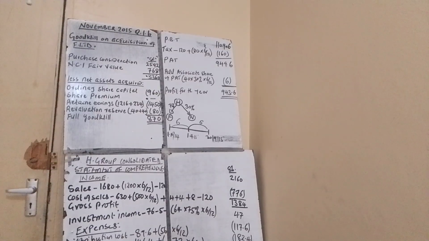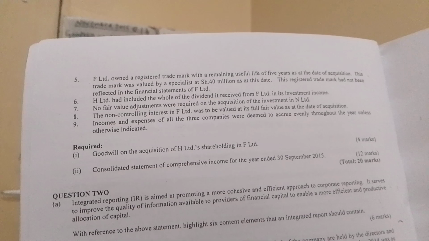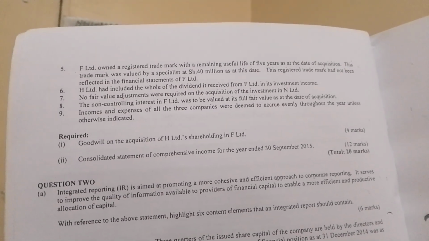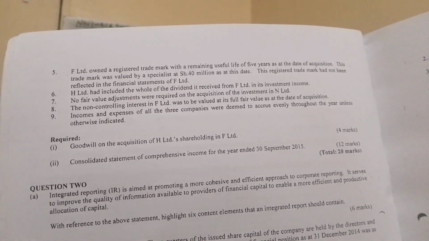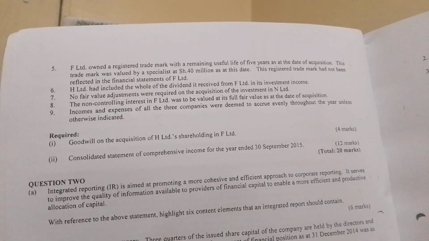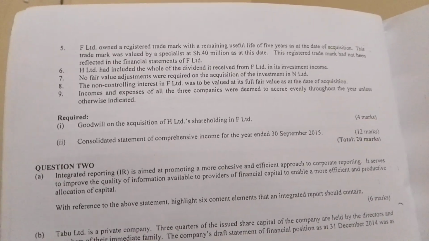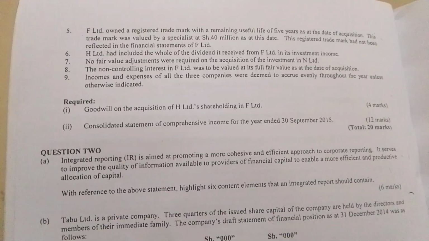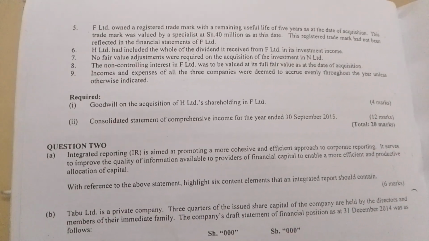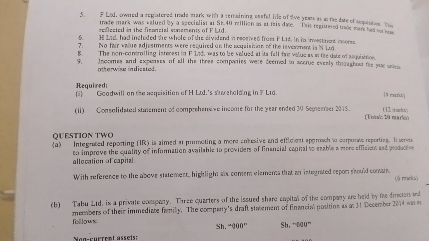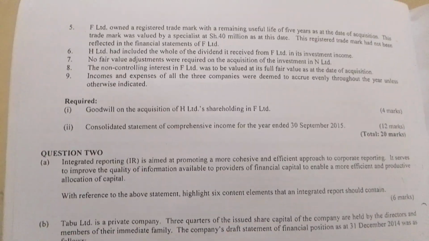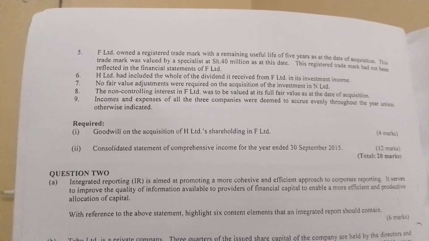Okay, move to number 5. Number 5 is similar to what we have done. F Limited owned a registered trademark with a remaining useful life of 5 years as at the date of acquisition. This trademark was valued by specialists at shillings 40 million as at this date.